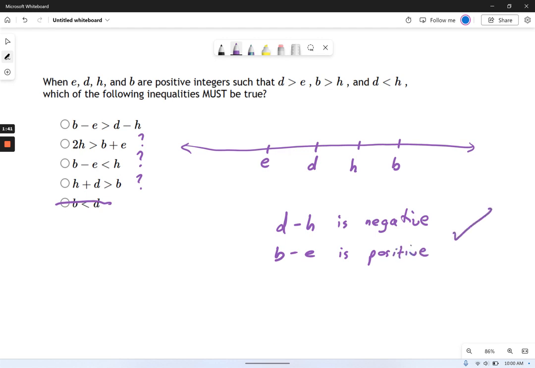So that checks out. B minus E is greater than D minus H simply because positive numbers are bigger than negative numbers. So this right here is our true value. This must be true. The other ones, maybe they're true, maybe they're not. And only one of these things could I say completely false.